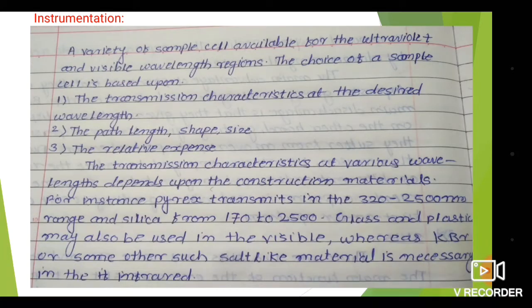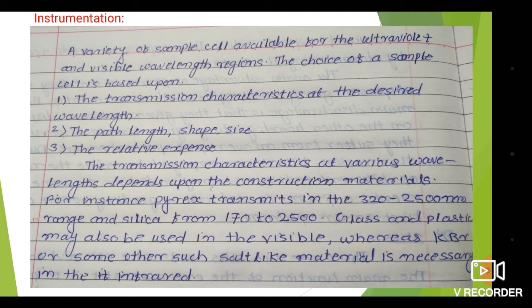A variety of sample cells are available for the ultraviolet and visible wavelength region. The choice of the sample cell is based upon the transmission characteristics at the desired wavelength, the path length, shape, size, and relative expense. The transmission characteristics at various wavelengths depend upon the construction material.